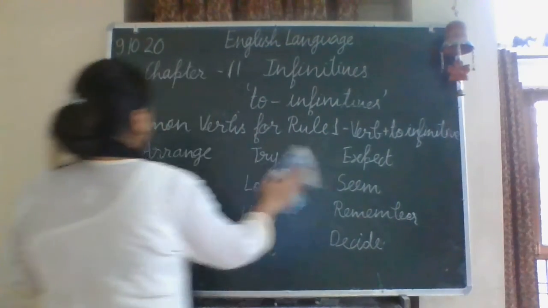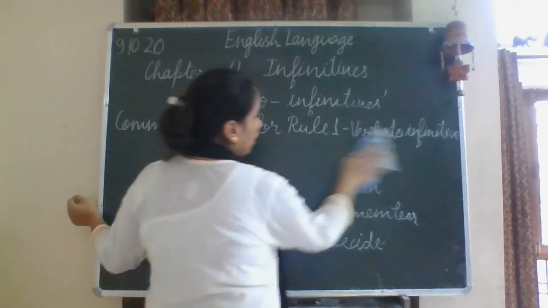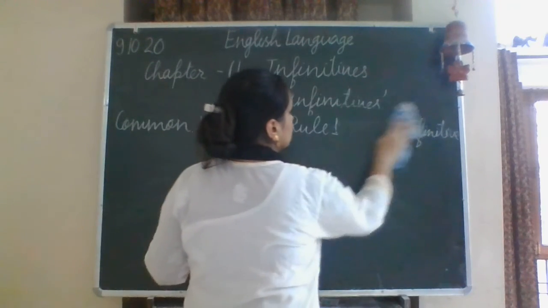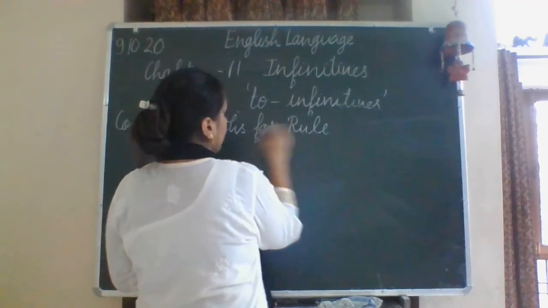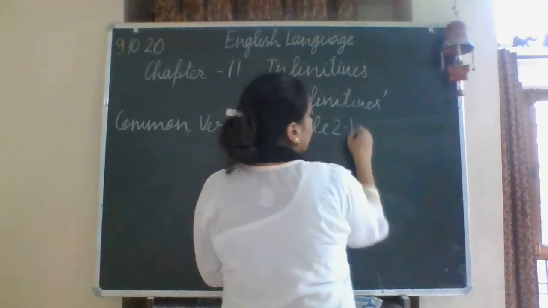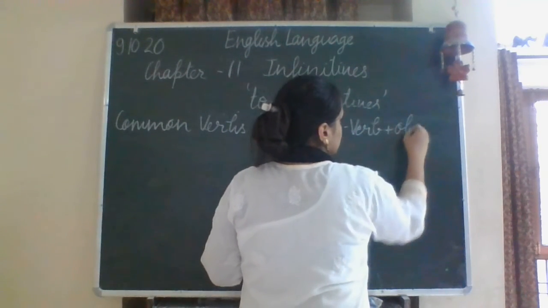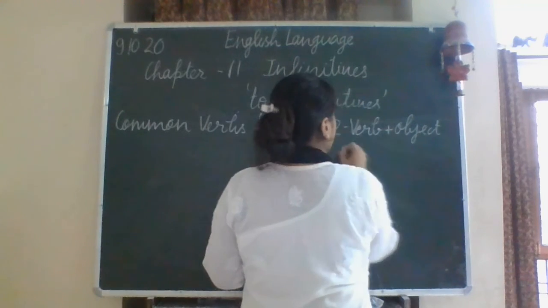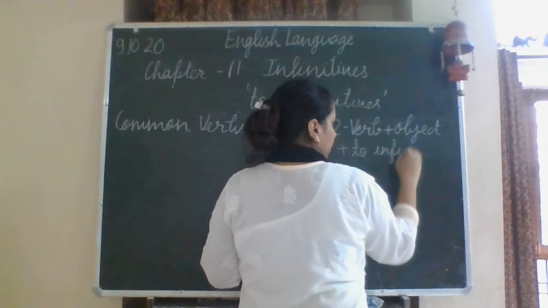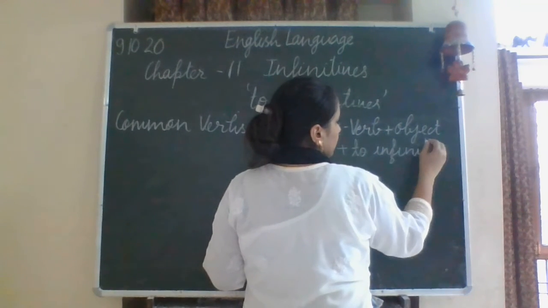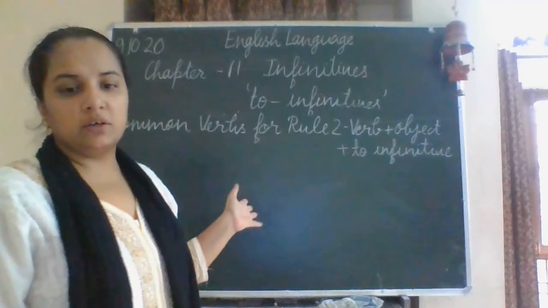Now what are the common verbs that we can use for rule number 2? What was rule number 2? Rule number 2 was verb plus object plus to infinitive. Now, what are the common verbs that we can use here?